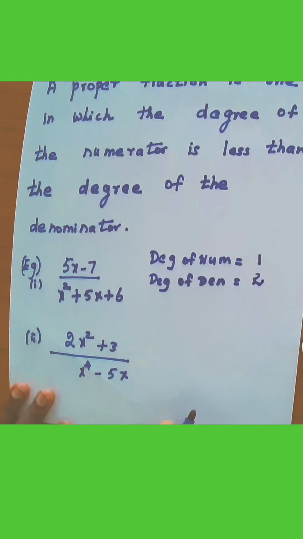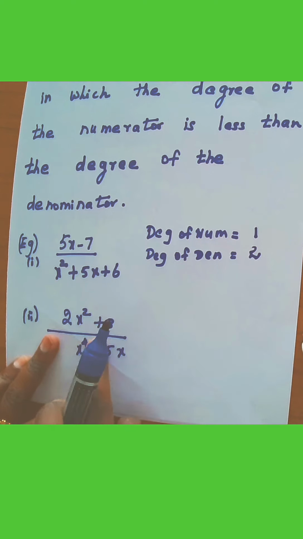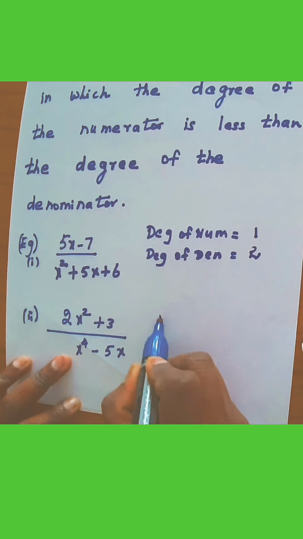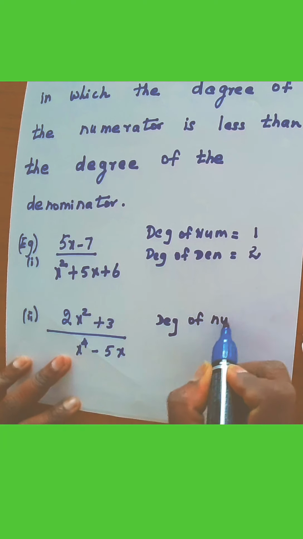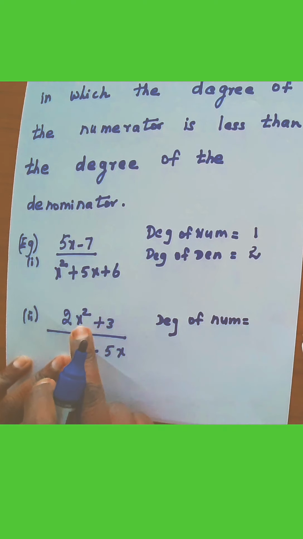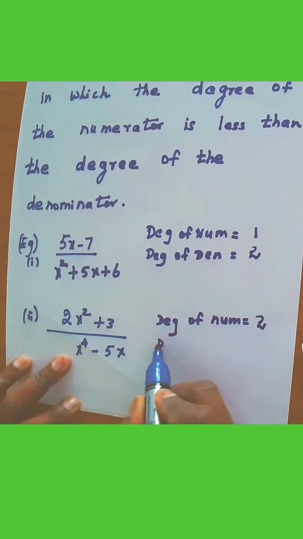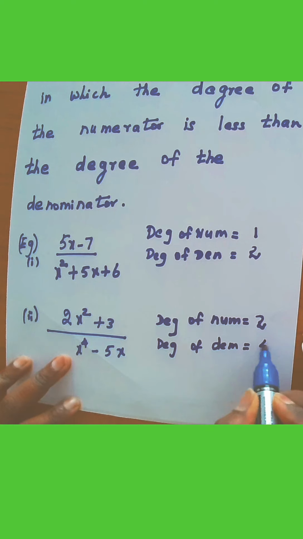Understood students? Similarly, the second example: 2x square plus 3 divided by x to the power 4 minus 5x. Tell me the degree of the numerator. It is 2. And the degree of the denominator is 4.